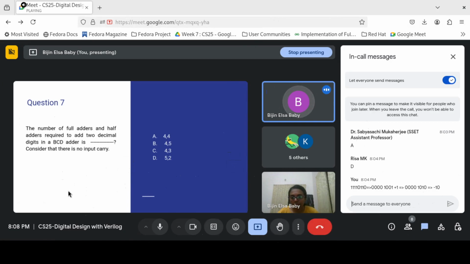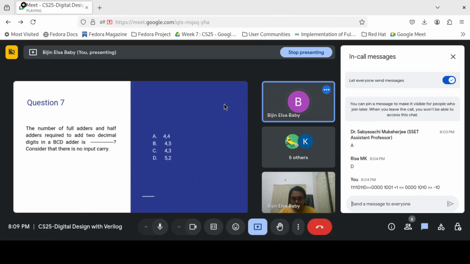So for implementing the binary adder, for two numbers A and B, if there is no carry in, then we will need 3 full adders and 1 half adder. And after that, we have to do the addition with 6. It will be 0 1 1 0, right? For the first bit, there is no carry in, so there is no addition for the first bit.